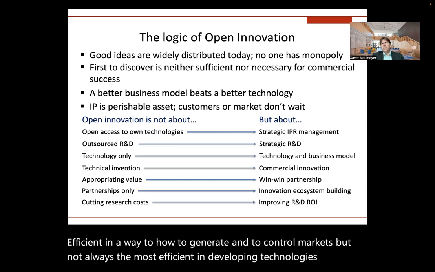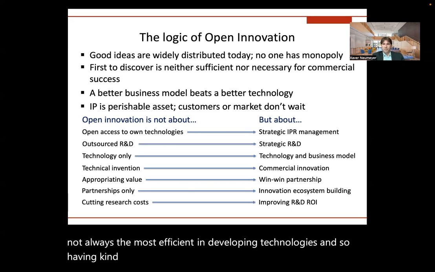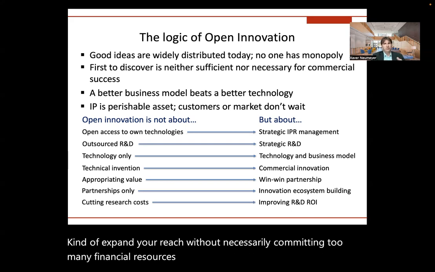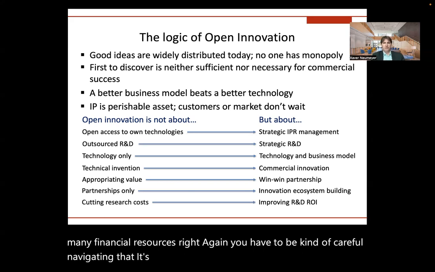And so having kind of an open innovation perspective helps you expand your reach without necessarily committing too many financial resources, right? Again, you have to be careful navigating that. You shouldn't be naive about it.